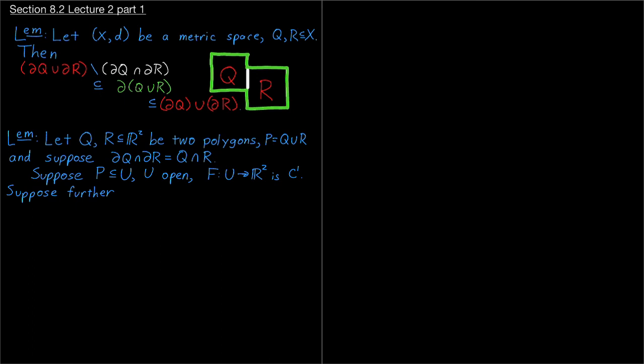Suppose further that we've got the integral over P of, remember Green's theorem has partial f2 partial x minus partial f1 partial y. That's equal to the integral over the boundary of P of the dot product of f with the tangent vector.